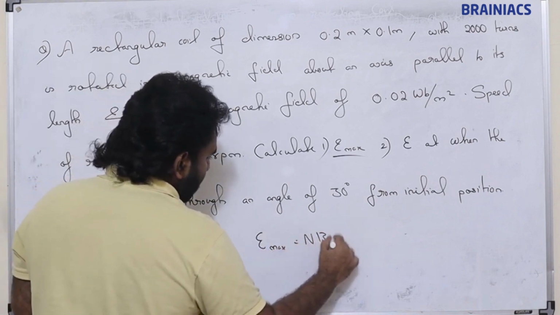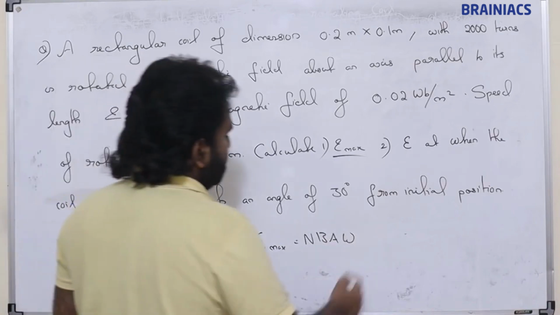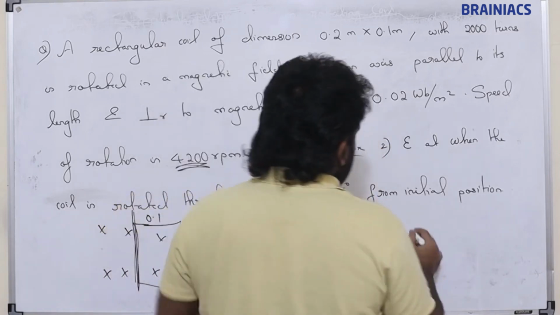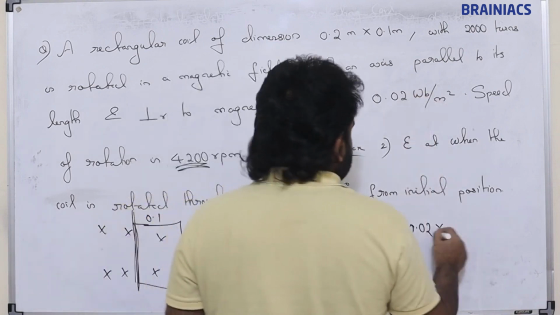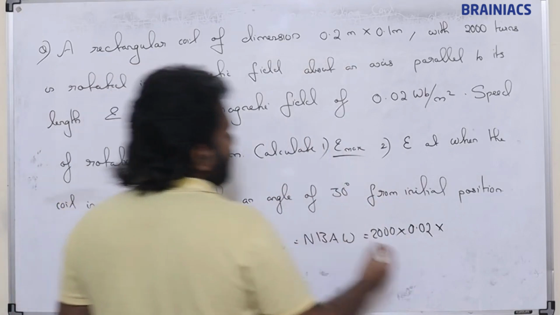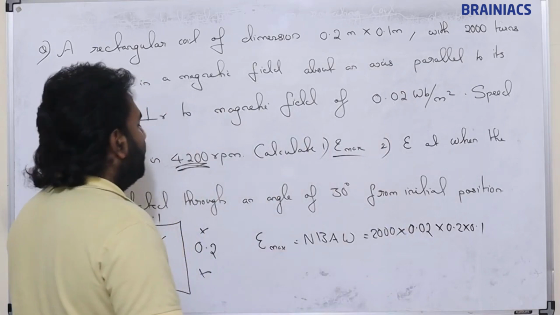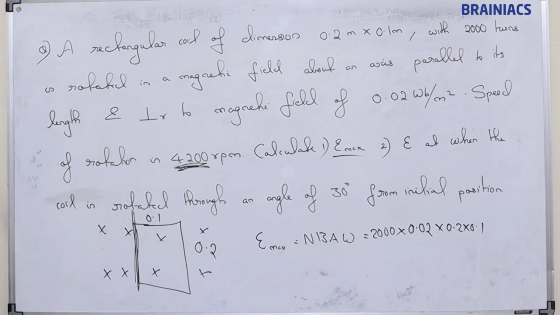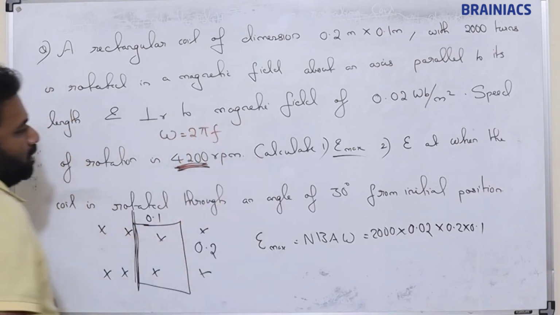So what is Emax? Emax is going to be NBA omega. What is the number of turns? Yes, 2000 given, into what is the magnetic field? 0.02 Tesla or Weber per meter square, both are its SI units. Then area is 0.2 into 0.1. Then omega. So 4200 rpm. If we take its omega value, this is nothing but 2 pi f, right?